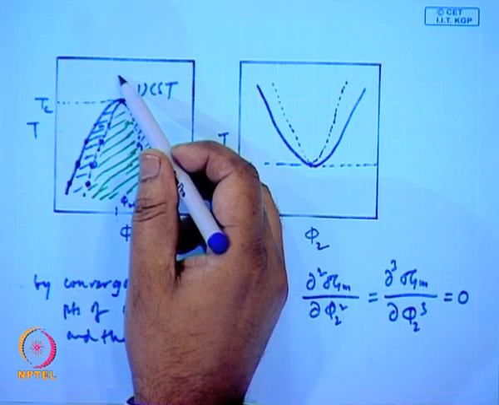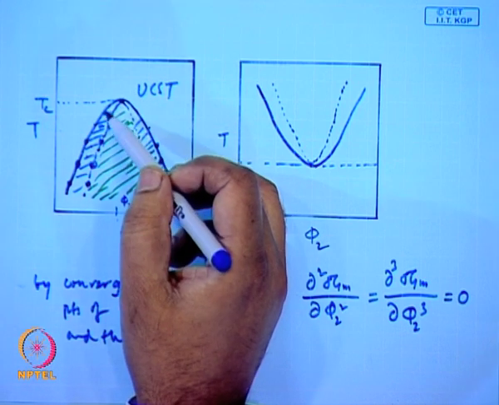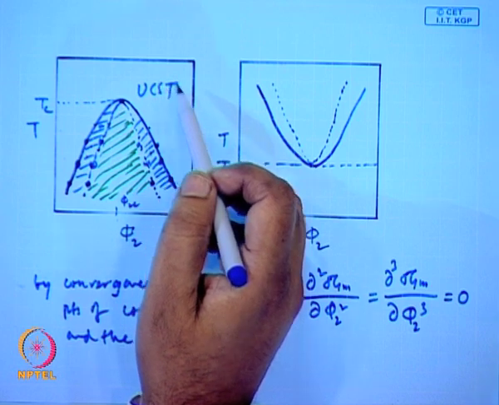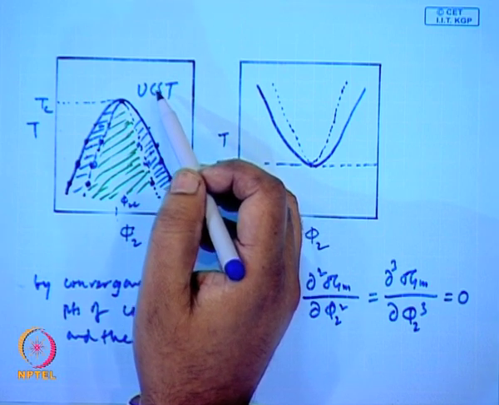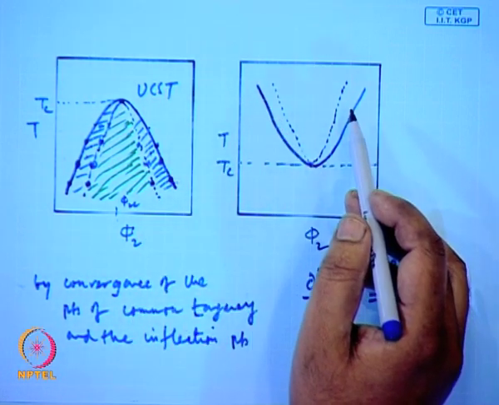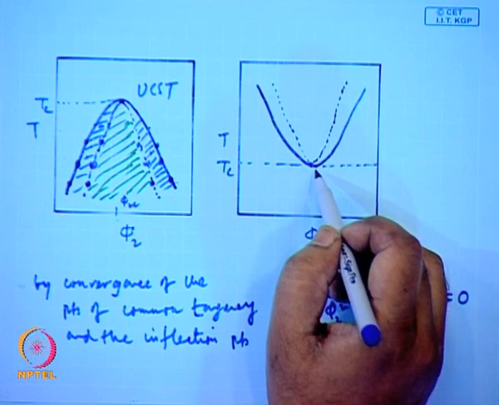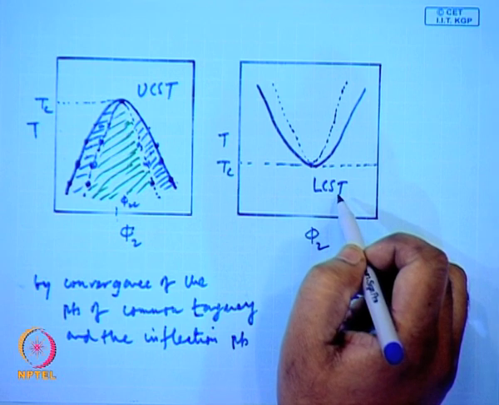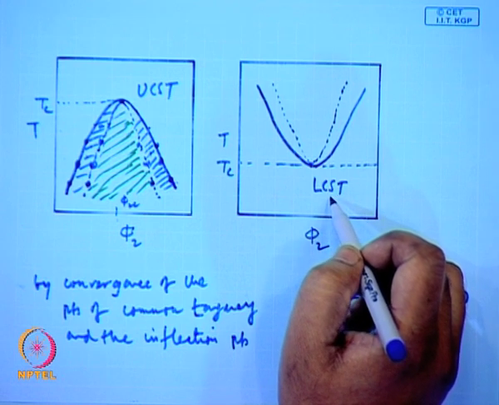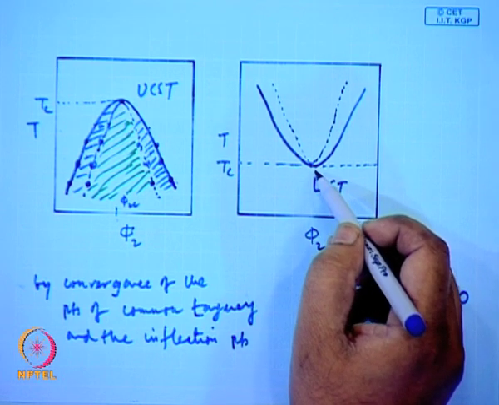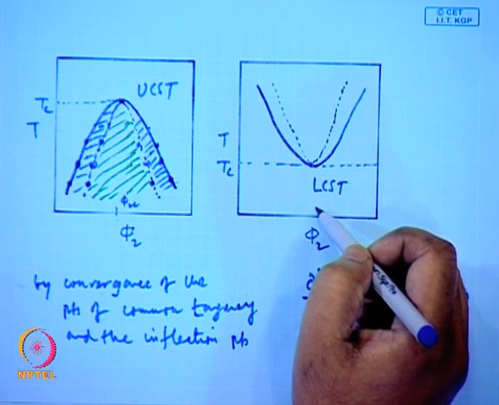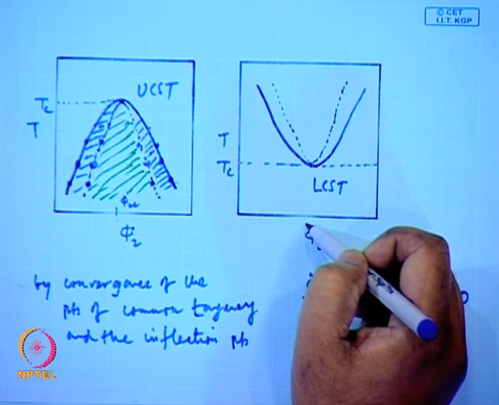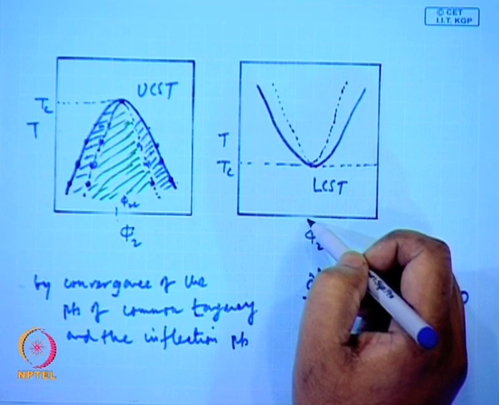Okay. So, that is called upper critical solution temperature, and you can get the reverse also, and in that case this point is called LCST, lower critical solution temperature. So, basically below this temperature the polymer is soluble at every composition. Okay.